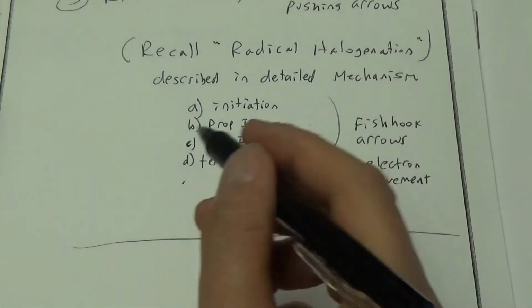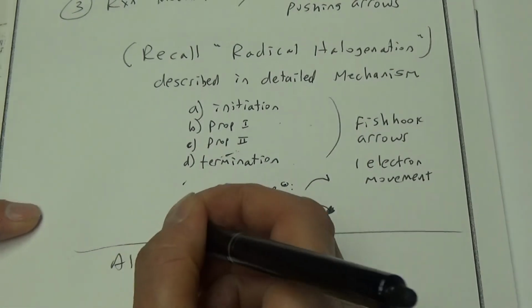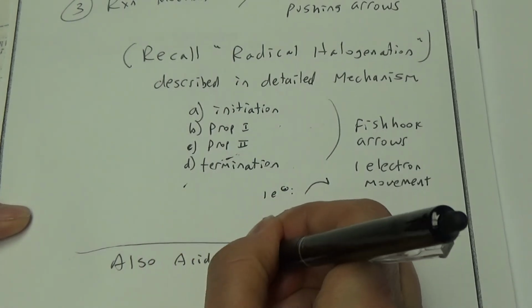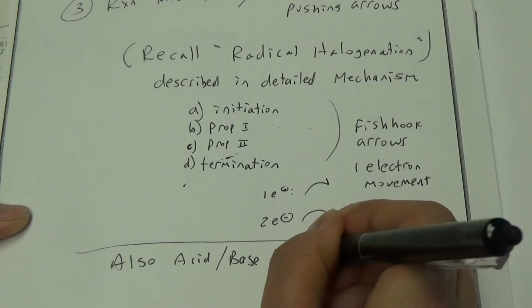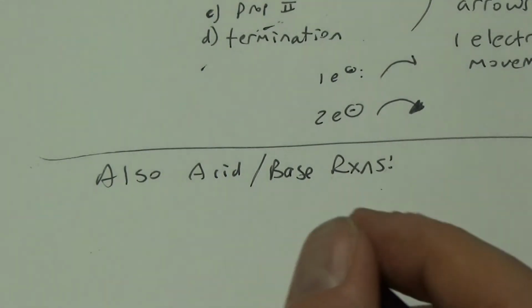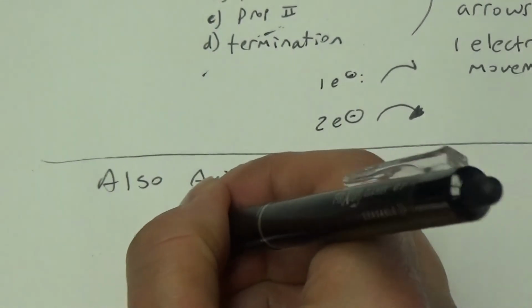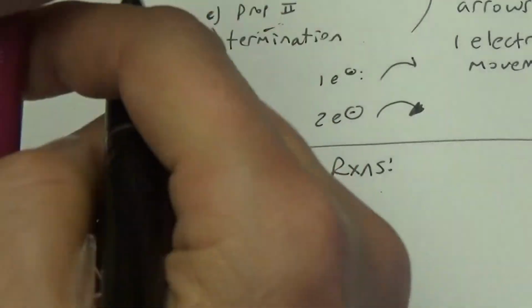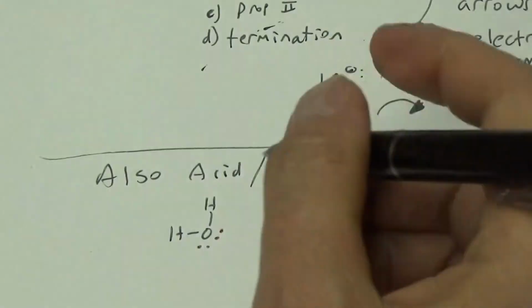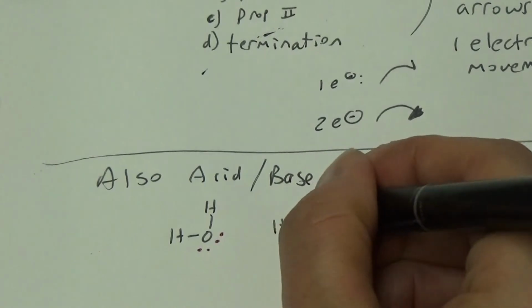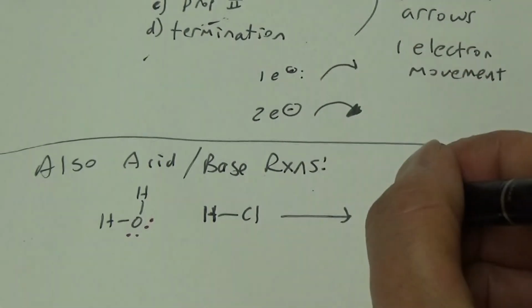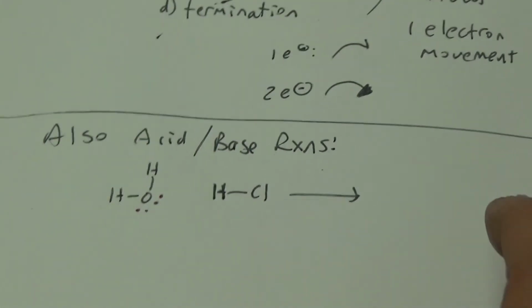What about acid-base reactions? That's also a very, very simple reaction mechanism. So if I have water, and water reacts as a base with HCl, what's the product and what's the mechanism?